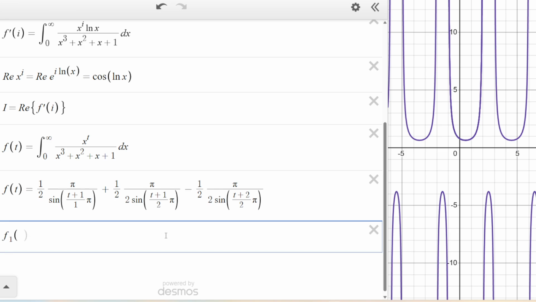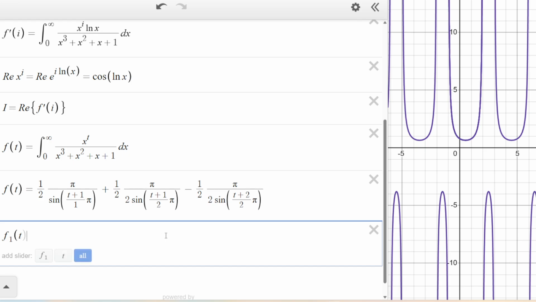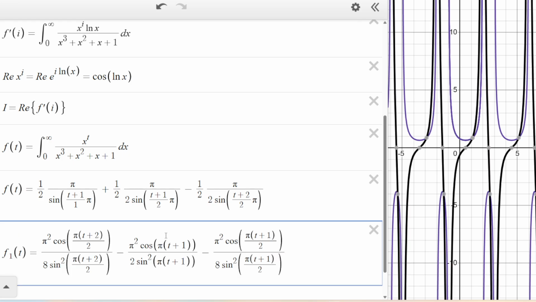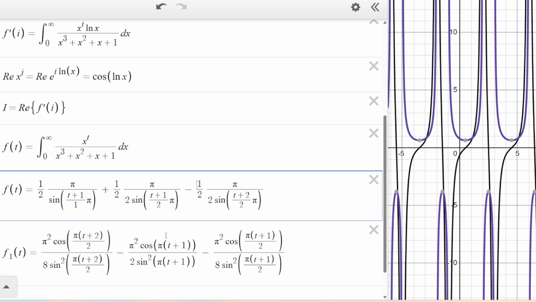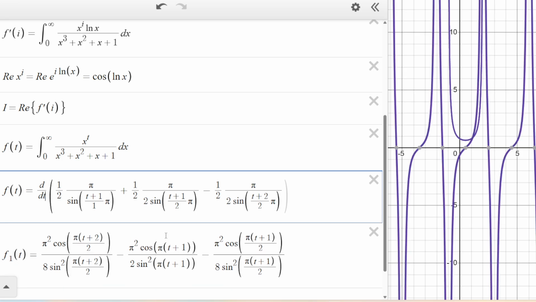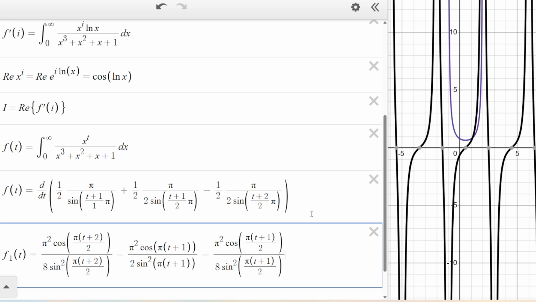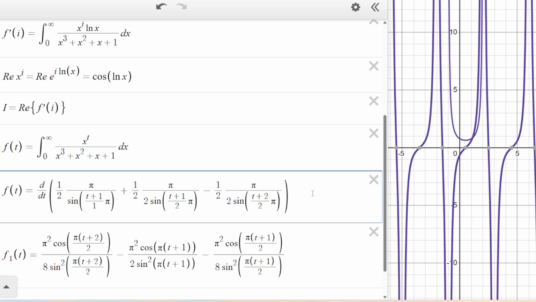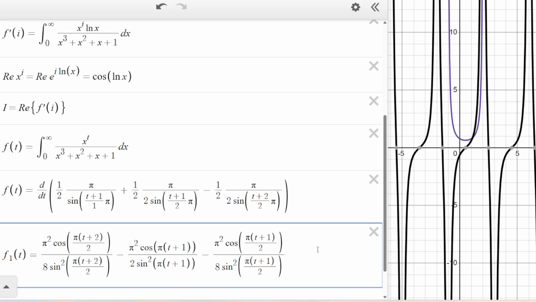So f prime of t, I'm going to label f prime of t as f1 of t, is equal to this. All right, and just to make sure, I'm going to put a parentheses around here and put a d/dt. All right, so yes, these things are in fact equivalent. Oh, no, they are not. What happened here?